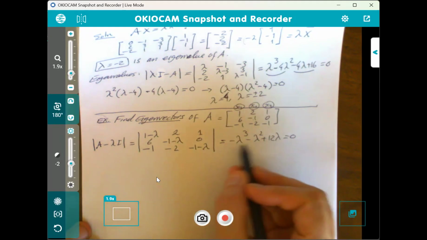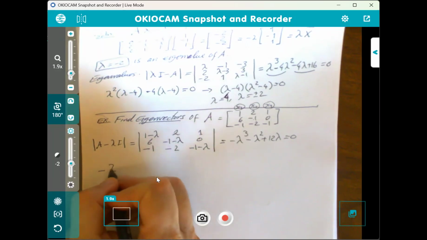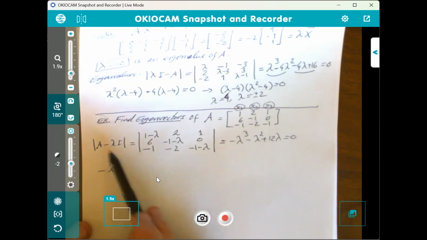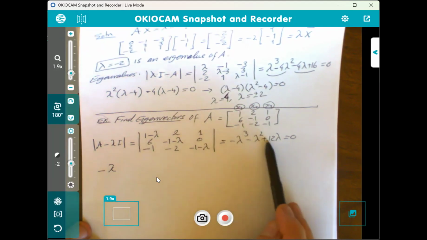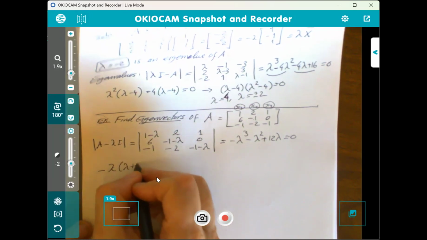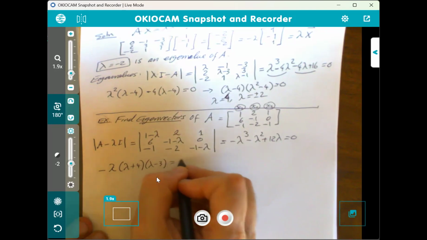Now, this is the characteristic polynomial. I'm going to factor out negative lambda. If this was lambda I minus A, I would have plus, plus, minus, and I would only factor lambda. I went ahead and factored negative lambda, and that's why it doesn't really matter. You'll see it in the next step also.